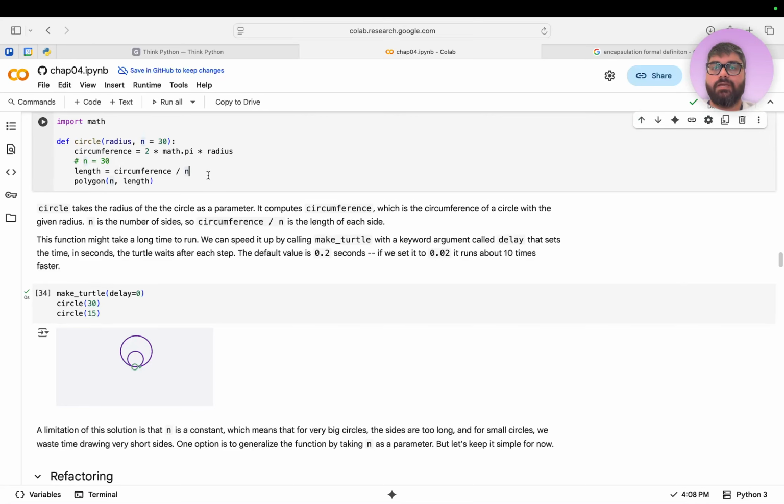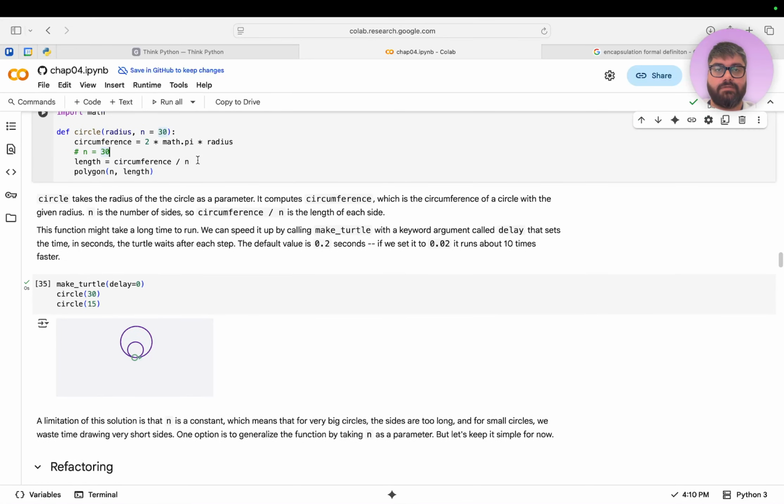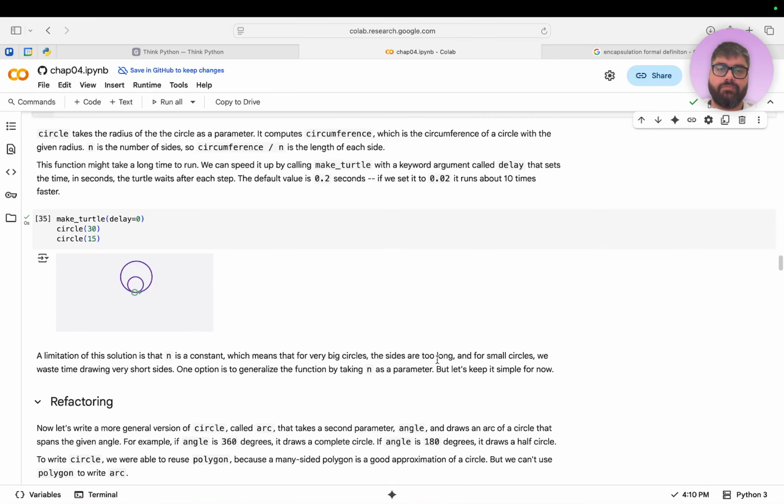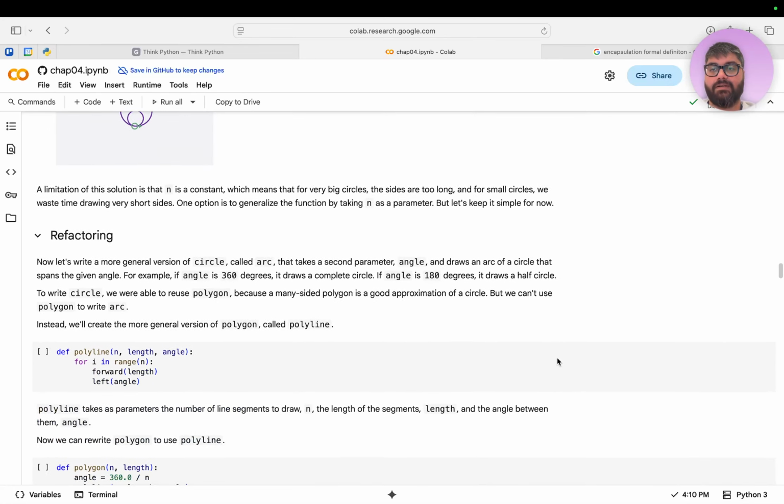I'm just going to comment that out. Shortcuts for commenting is Command and / or Control and / if you're on Windows, and then this should work just fine. See, I've already done this part, so that wasn't that hard, but they told you, let's keep it simple for now, so we're gonna keep doing that.